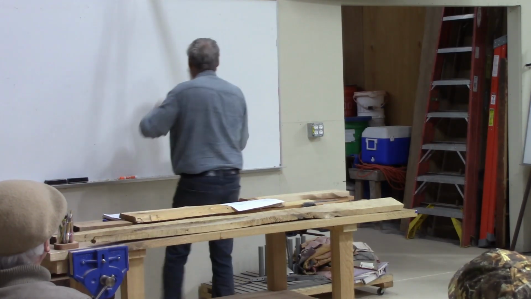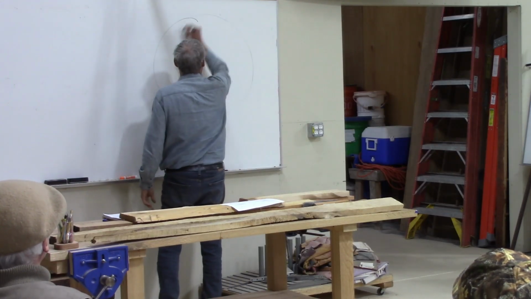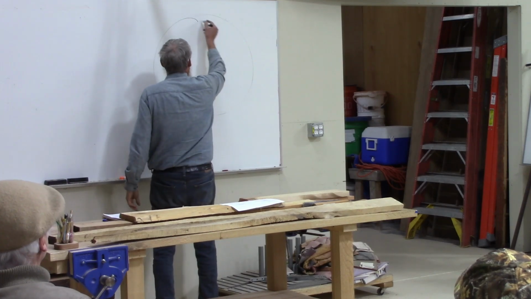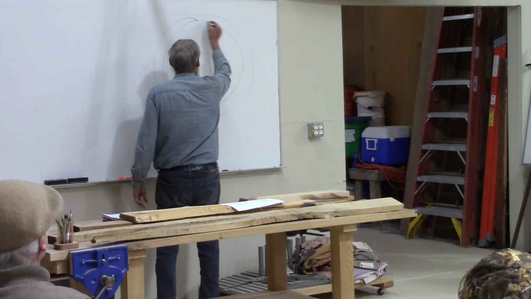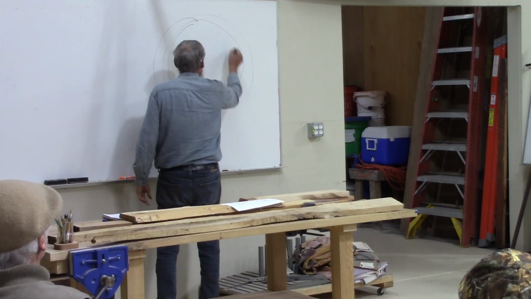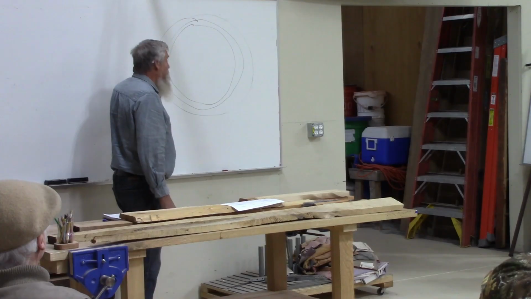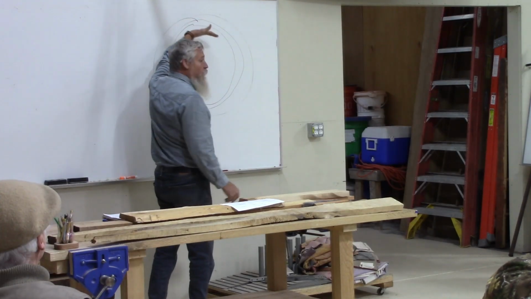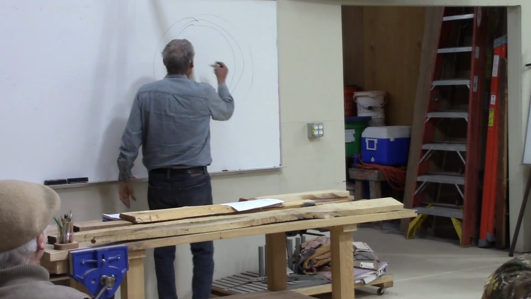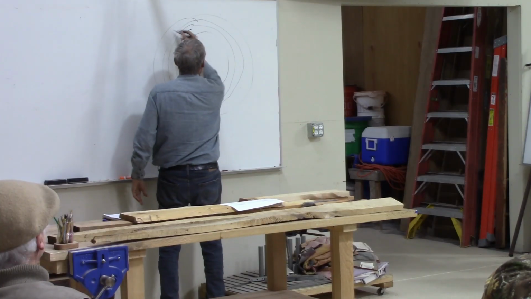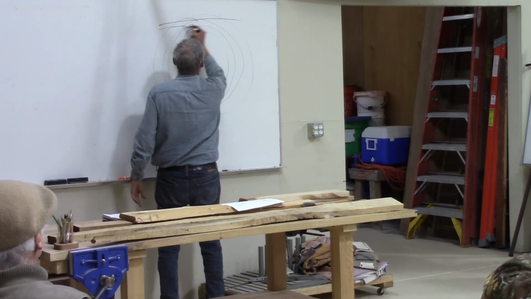So if you have your log, and all of your growth rings are growing around like this, they're going to put it in there, and the band mill is going to work on the top, and it's going to take off pieces like this.